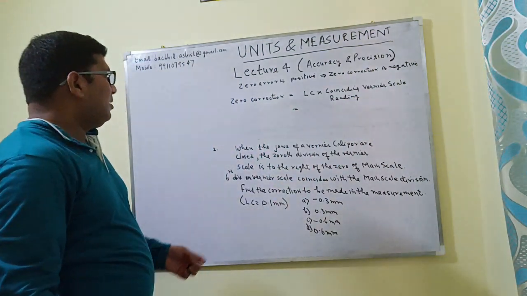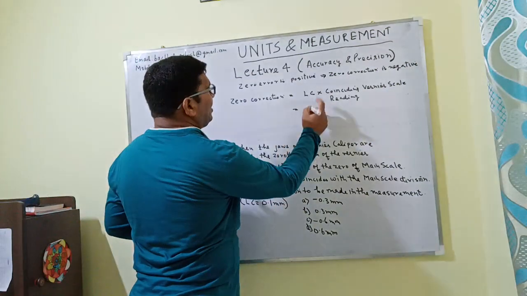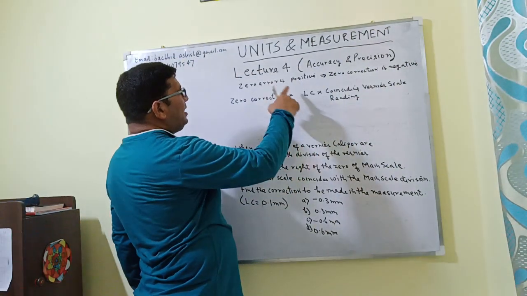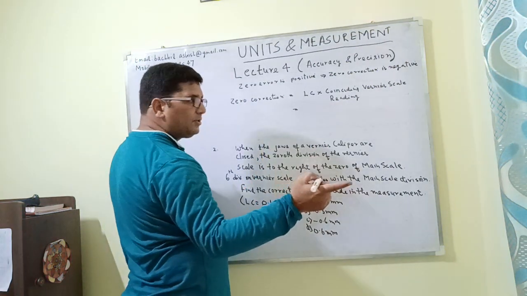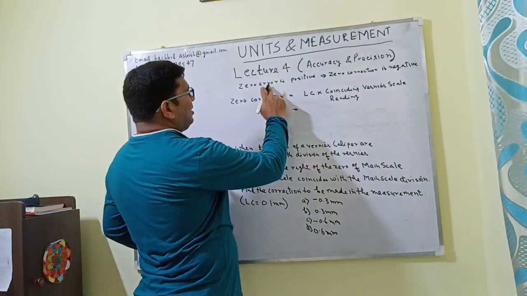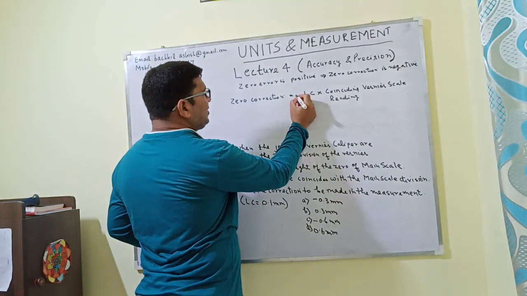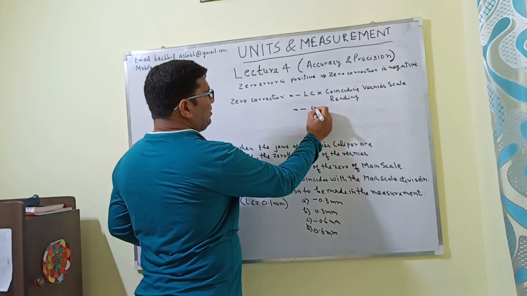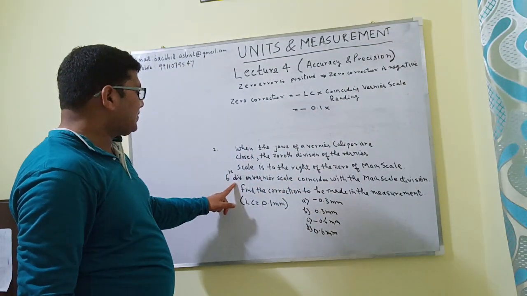So the least count is given as 0.1. Now here see, since the zero division of the Vernier scale is on the right side of the zero of the main scale, the zero error is positive and the zero correction is negative. So I will write it as negative. Least count is 0.1 into the coinciding Vernier scale reading, which is the sixth division.